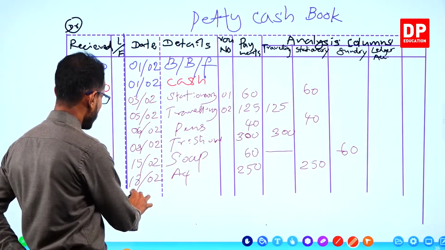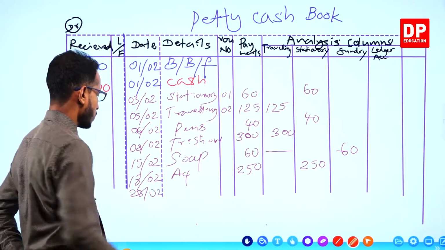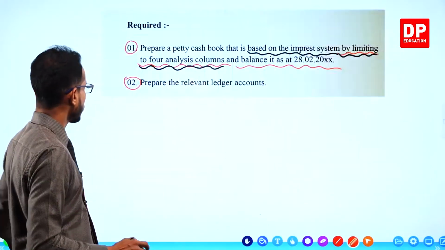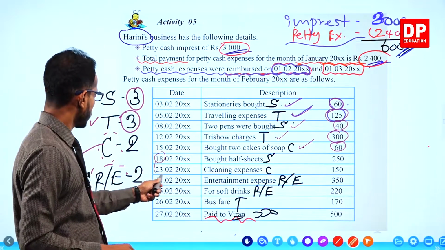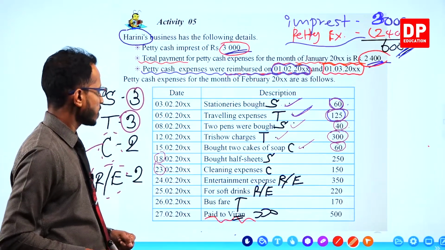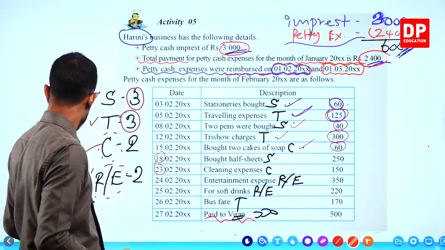Then 23rd, we had another transaction, that is cleaning expenses, 150. Right.